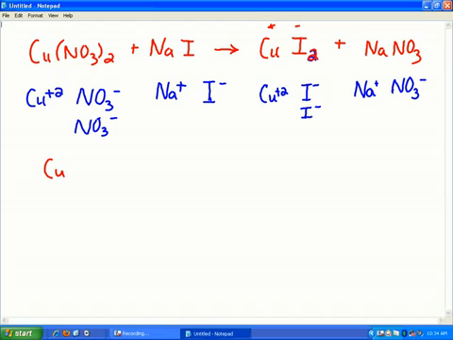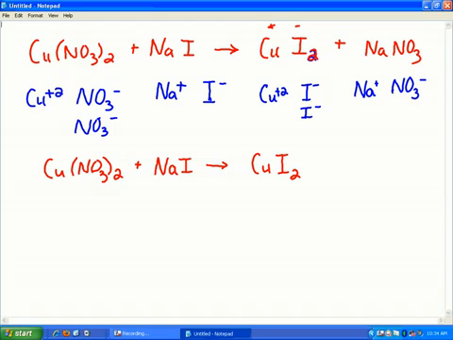There's copper nitrate. That didn't work out very well. There we go. Plus sodium iodide are my two reactants. Then we have copper iodide.